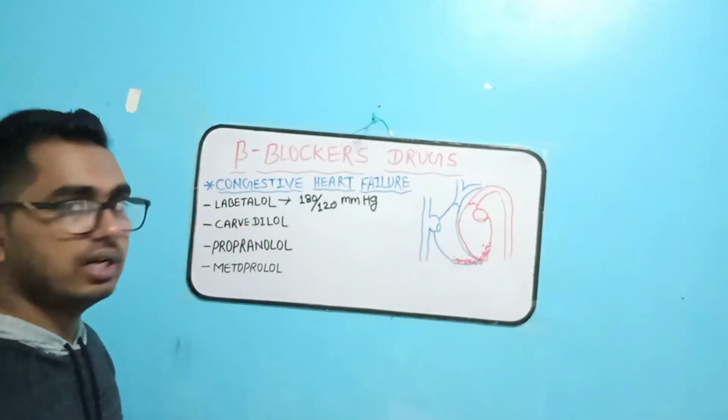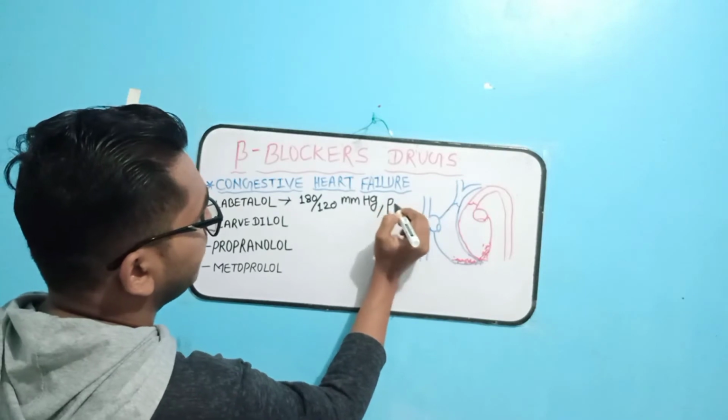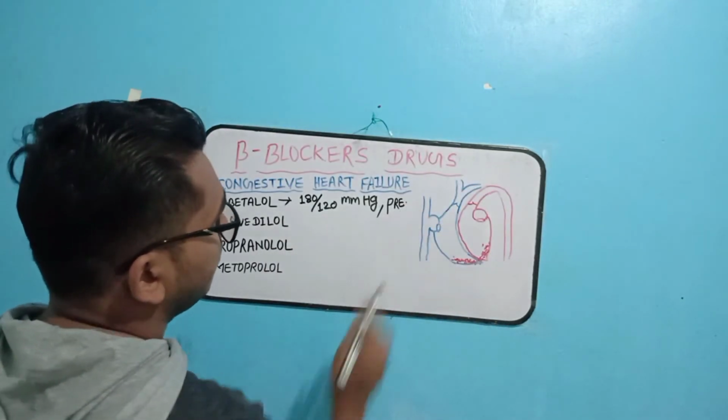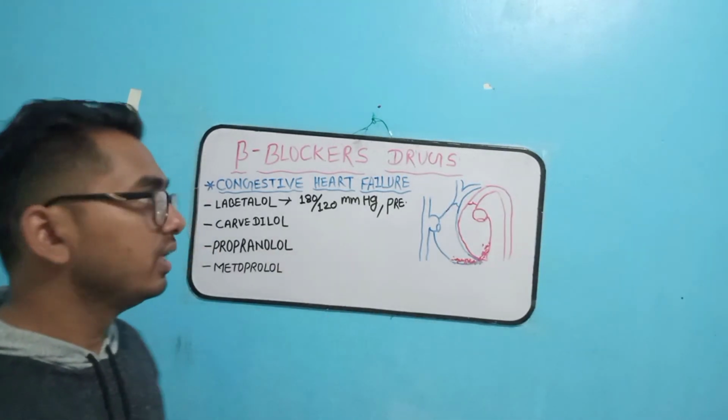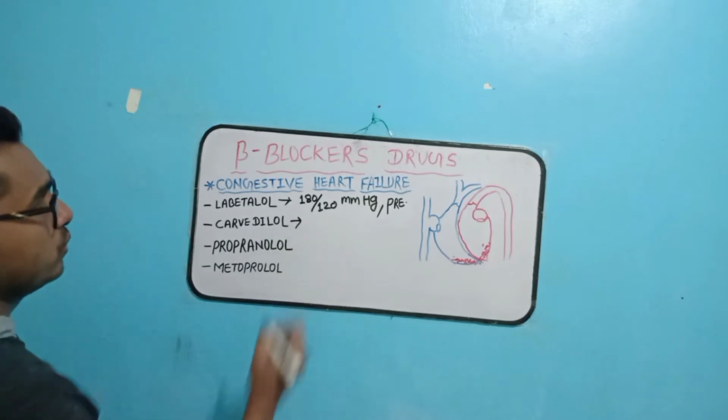This labetalol is also safe in pregnancy. We can give this labetalol to the pregnant woman, and carvedilol is used in both conditions: the patient with congestive heart failure, and the patient with hypertension.